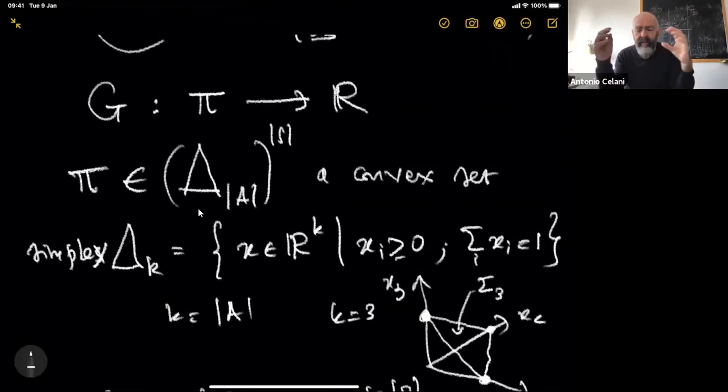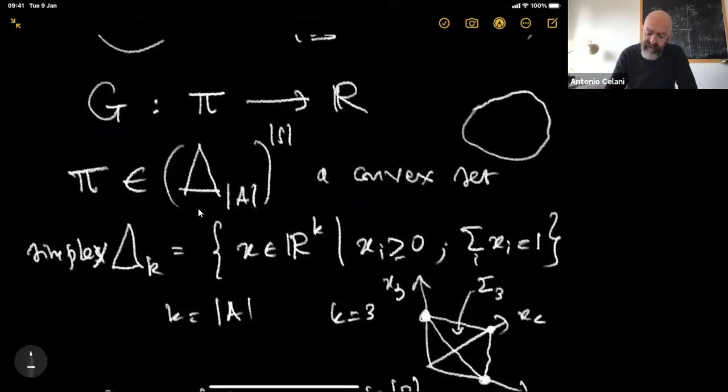Remember, the intuitive idea of a convex set is a set which is like a ball, in the sense that if you take any two points inside this set and you join them by a line, every point in the middle is within the set. Let me draw this.